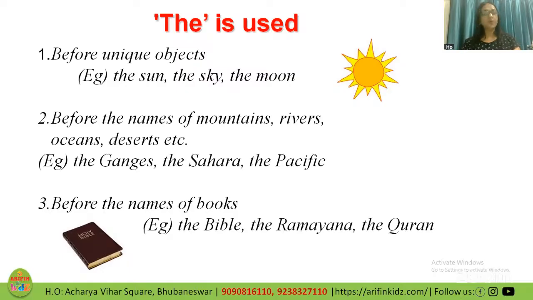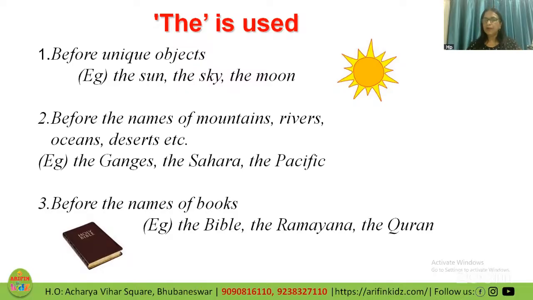Before the names of books, you know that we have holy books and particular books like the Gita, the Ramayana, the Mahabharata. Gita, Ramayana, Mahabharata are the holy books of Hindus. So before all these particular books, we use the, because they are definite or specific nouns.